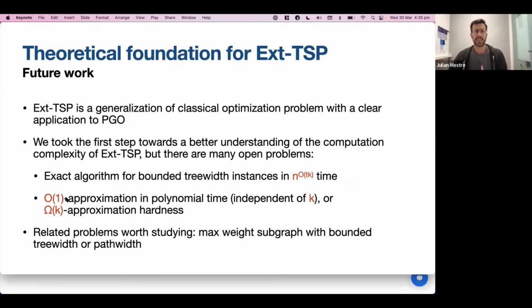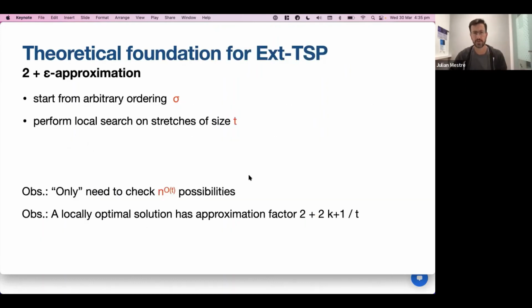And then the other interesting result, I think, is to try to prove a constant factor approximation in polynomial time that is independent of k. Remember the 2 plus epsilon approximation that we have here. We need to make t huge, right? So it needs to depend on epsilon, which is, I guess, okay, because you can set epsilon to 1, but it has to depend on k too, which is not great, not in practice.